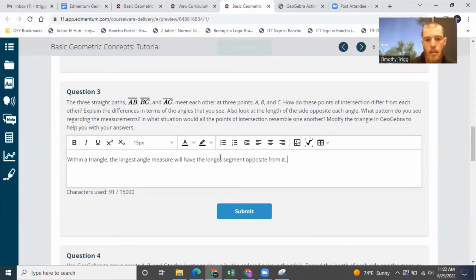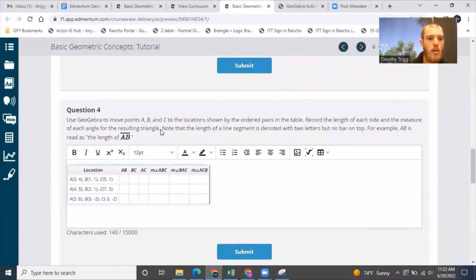Okay. Similarly, excuse me if I spell things wrong, I'm not the best speller. Similarly, the smallest angle measure will have the shortest side opposite from it. So make sure to say that as well.